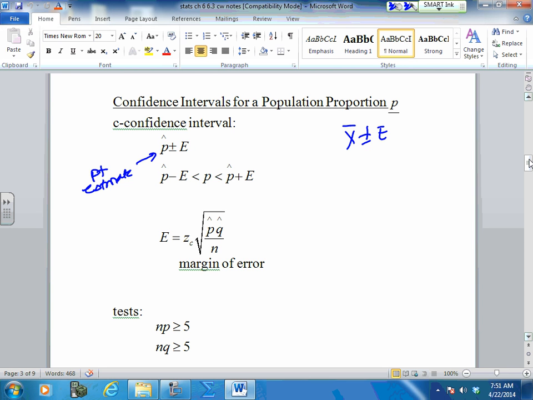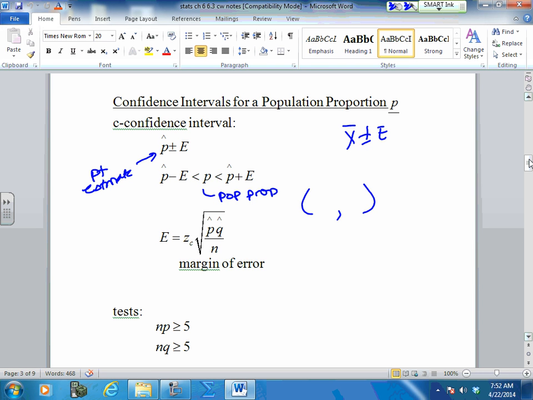This is your population. And the point estimate plus your margin of error. This builds your range, and you can also do it like this. Those are the same thing, the interval. And you're being X amount of percent confident that your population proportion will fall between those. Again, it's much easier to find an interval of data than it is to be exactly at one point. So that's why we build the interval.